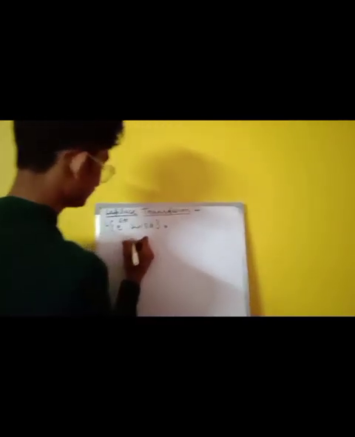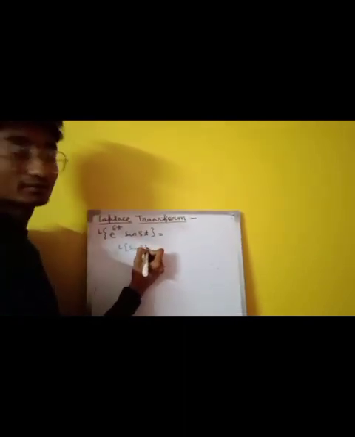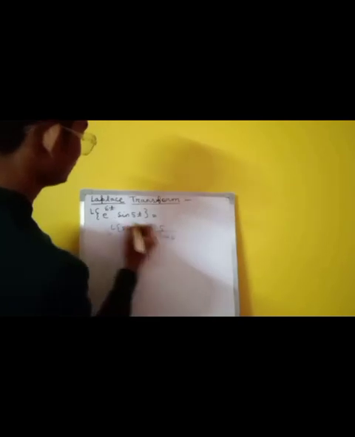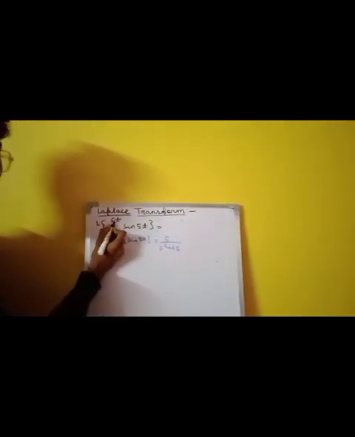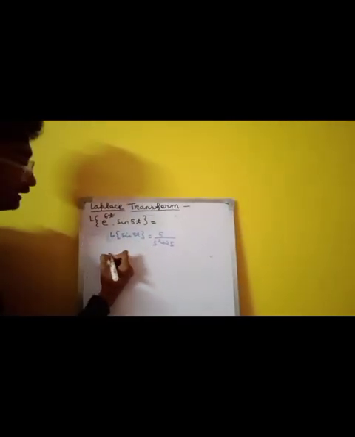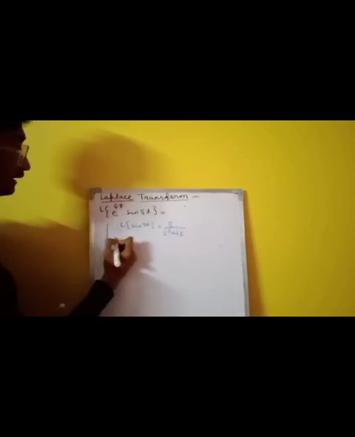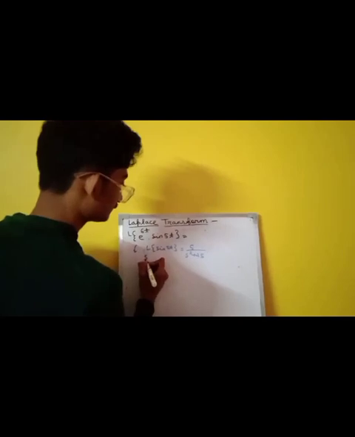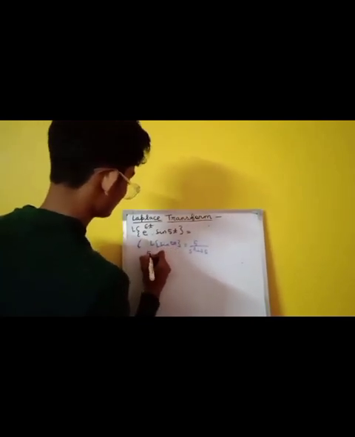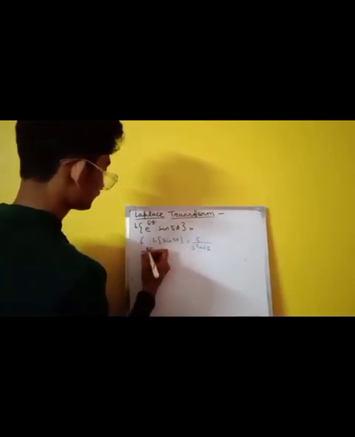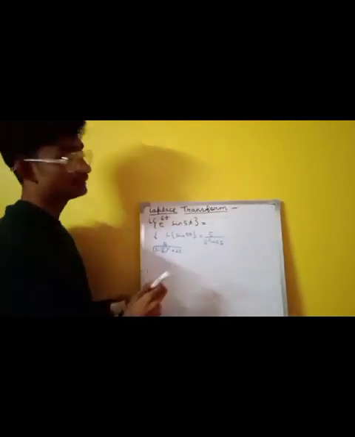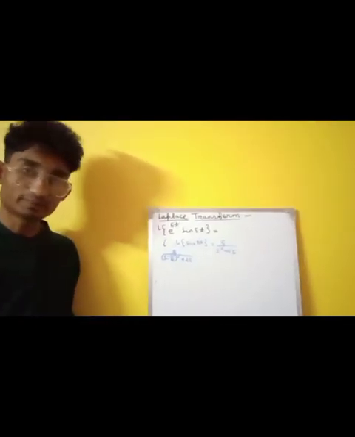It was 5 by s square plus 5 square, that is 25. Now in place of s you write s minus a, that means s minus 6. So it would be 5 by s minus 6 whole square plus 25. So this is the application of the first shifting property.